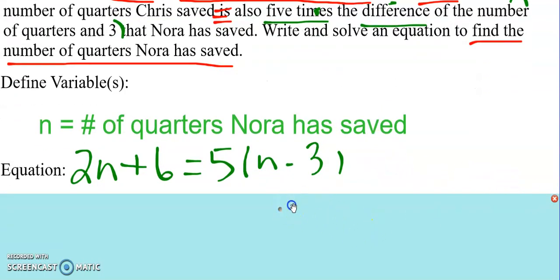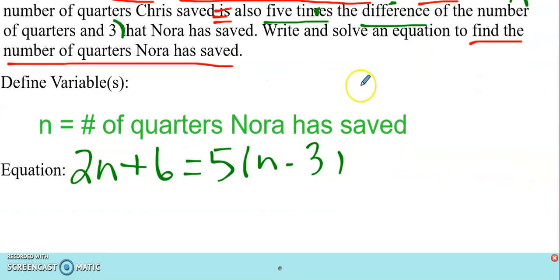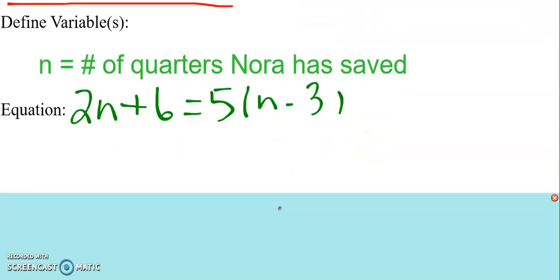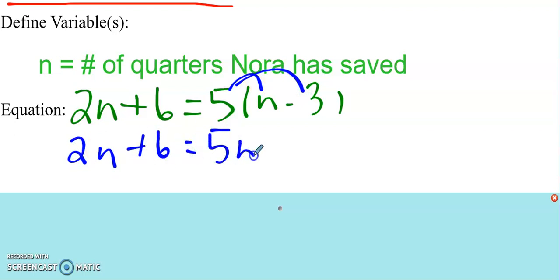Got that done. So now, after we write the equation, it tells me to solve the equation. So the first thing I see here is distribute this 5. So 2n plus 6 equals 5 times n, 5 times negative 3, negative 15.